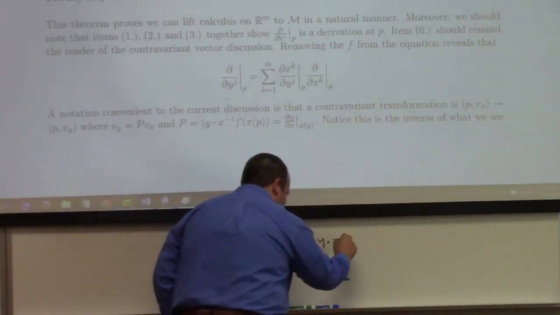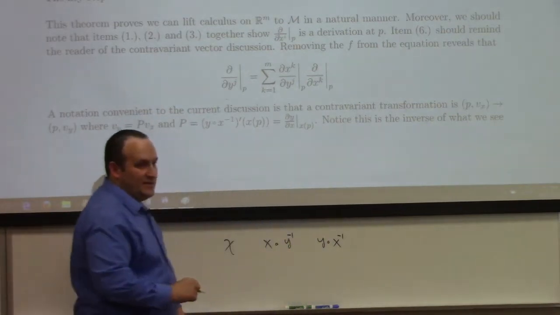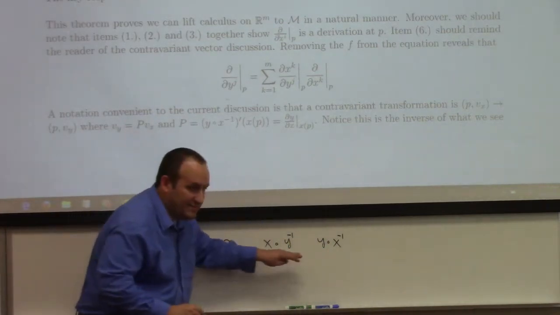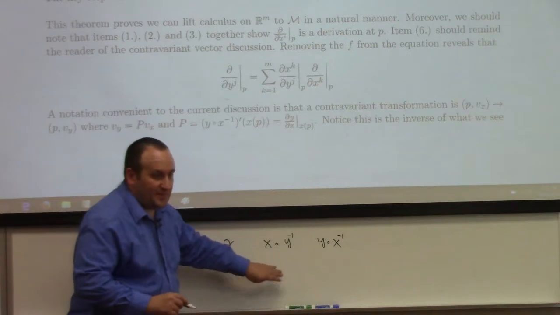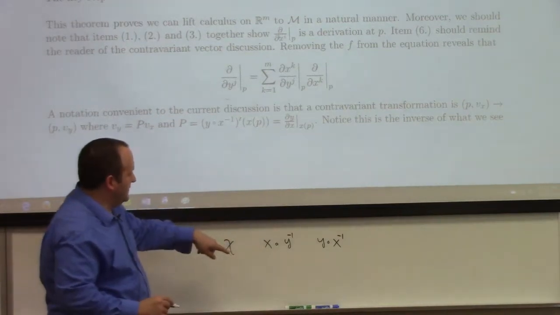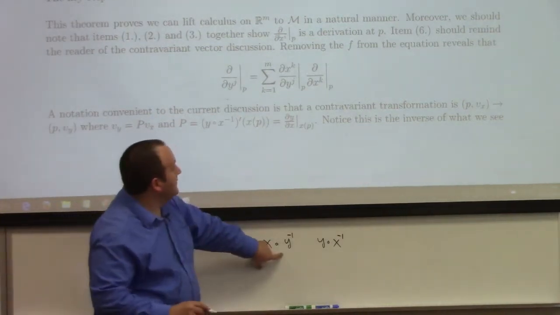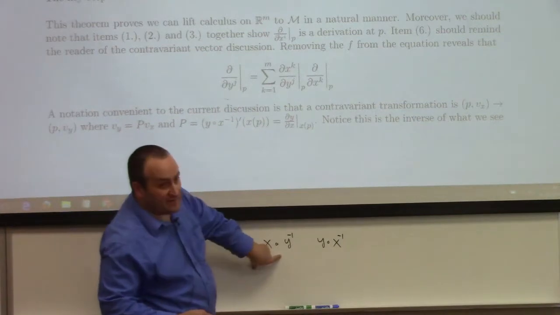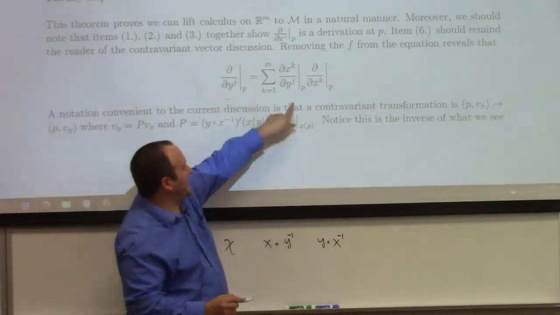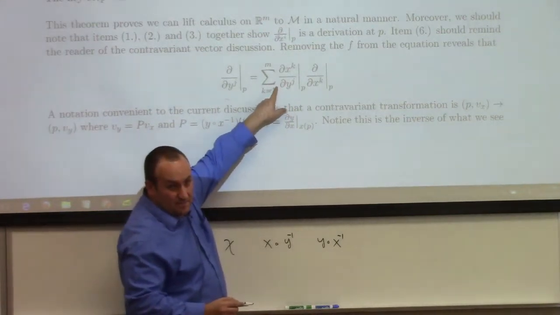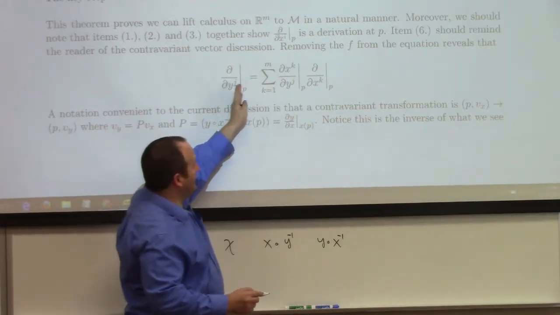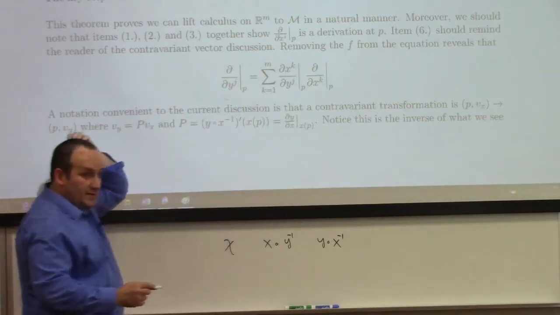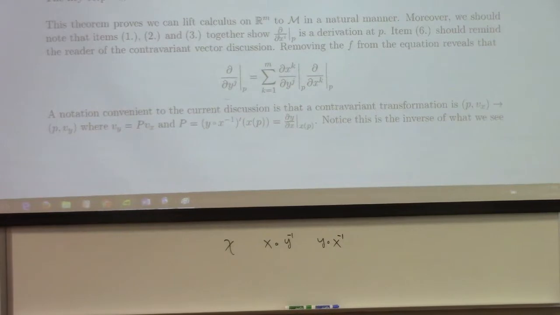I think it's this one. The Jacobian of this transition function gives that matrix, and that matrix is what relates the partial derivatives in one coordinate system and the other.